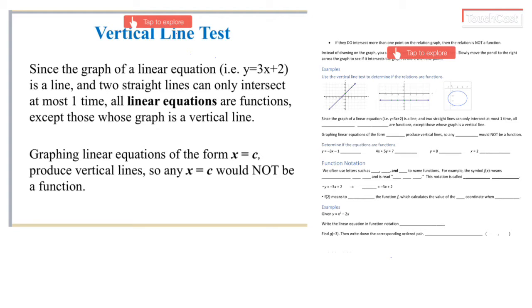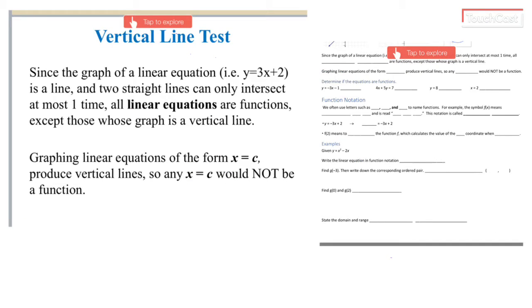And when we think about lines, they are only ever going to be intersected by a vertical line one time, except for in the case of these x is equal to statements, because we know that those produce vertical lines, and so therefore it's not going to pass the vertical line test. But otherwise, all linear equations are functions except for these right here.